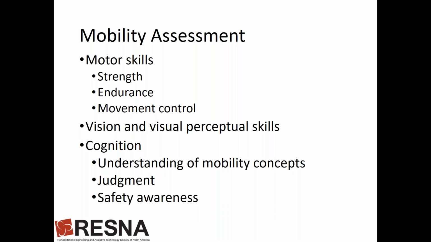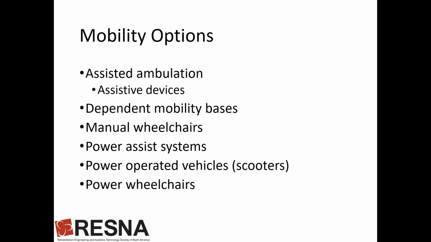The cognition, they need to be able to understand mobility concepts. Obviously, safety is a big area, and they need to also demonstrate judgment. Options for mobility is assisted ambulation, so different assistive devices.